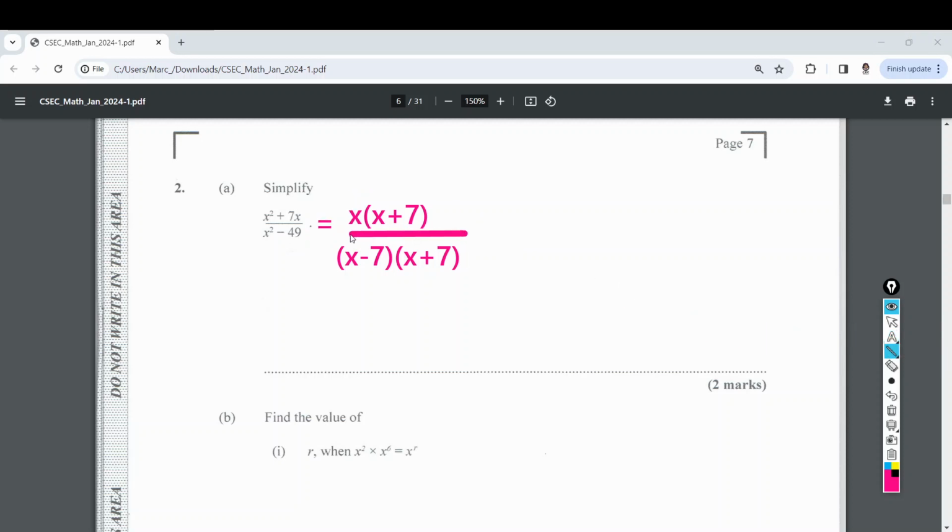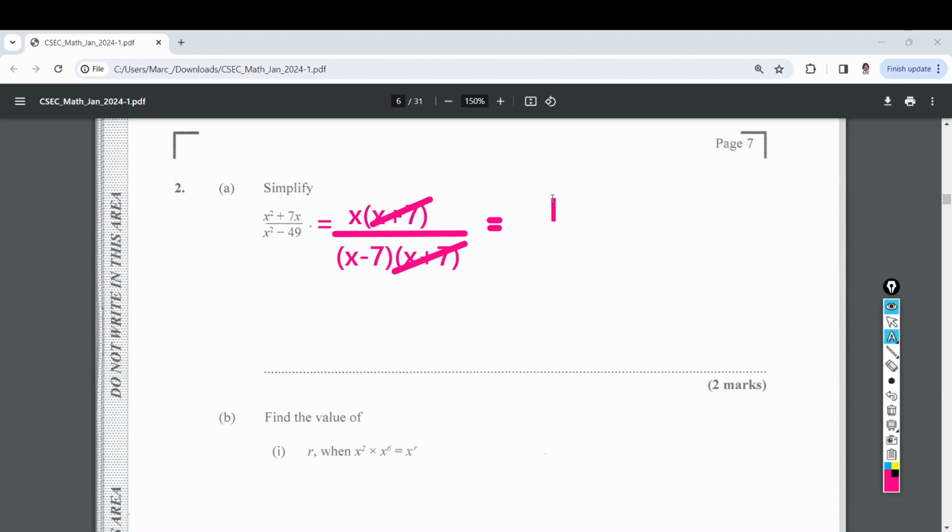This is very, very simple if you know what you're doing. Here we have x plus 7 at the bottom and x plus 7 at the top. So all we need to do now is just cancel these. So these two will cancel, and then we're going to end up with the answer being x over x minus 7.